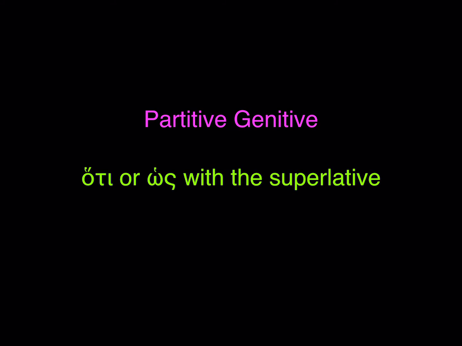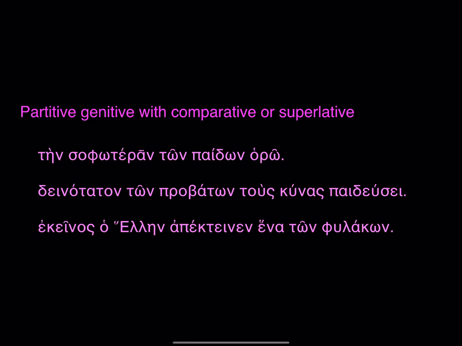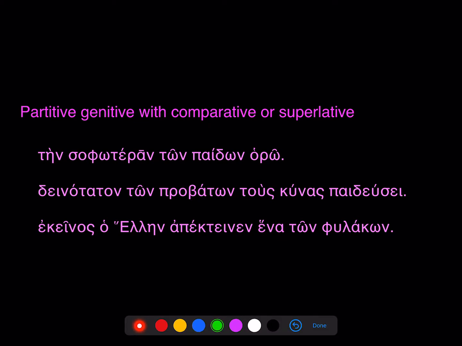Finally, we're going to talk about the partitive genitive and about hoti or hōs with the superlative. So first, the partitive genitive, which we're learning now because you often see it with the comparative or the superlative. So our first example, tēn sophōteron tōn paidōn horō. I see the wiser one, the wiser of the children. That's a partitive genitive. Deinotaton tōn probatōn tous kunas paideusei.